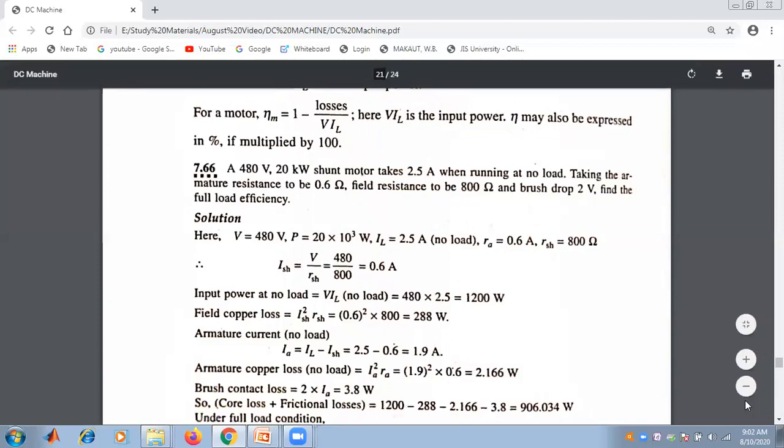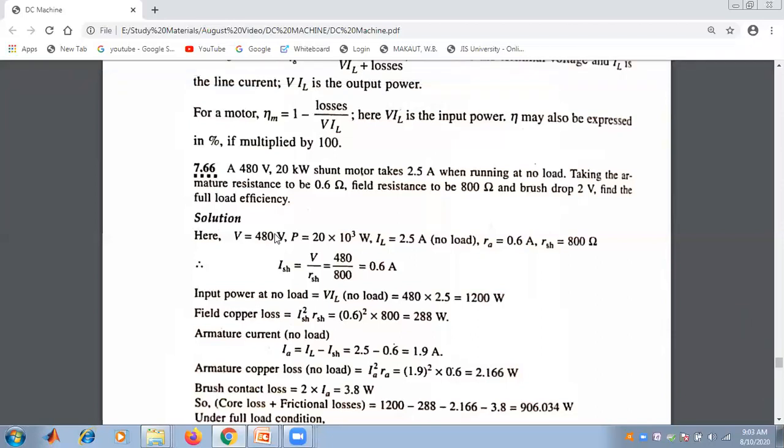So it is given that V equal to 480 volt, P equal to 20 into 10 to the power 3 watt, IL equal to 2.5 ampere, that is no load, and Ra equal to 0.6 ohm, and Rsh equal to 800 ohm.